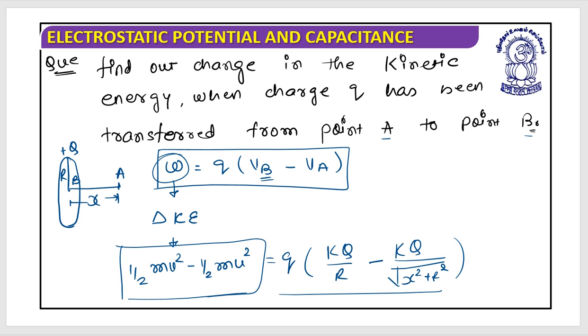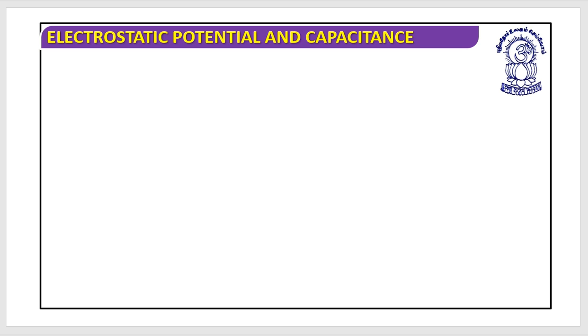Let's do something new. Next, let's say this ring has been given a charge q, and another ring is there, even this is having a charge q.